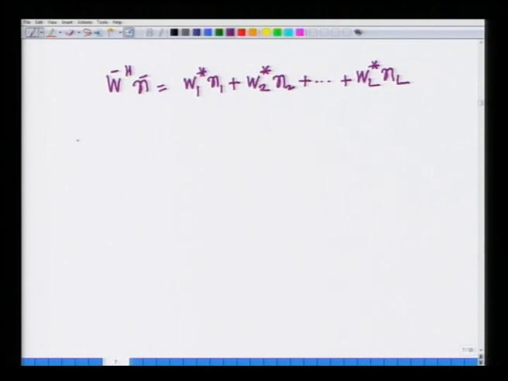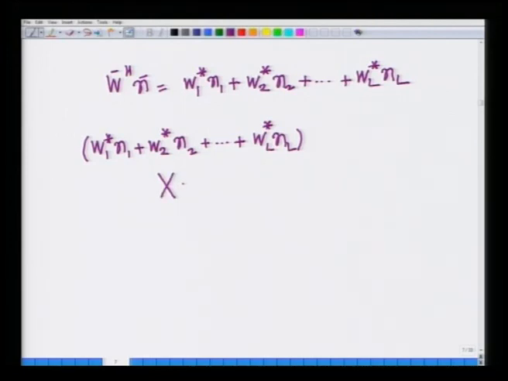So, I will take W1 conjugate N1 plus W2 conjugate N2 plus so on plus WL conjugate NL, times its conjugate.